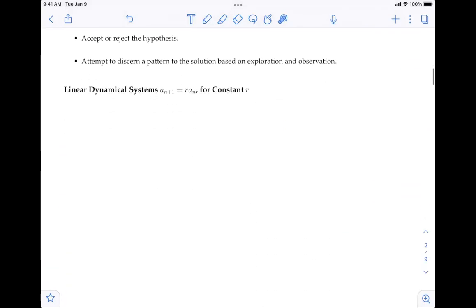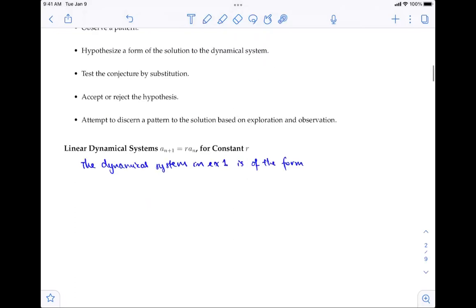All right, so we say that the dynamical system in example 1 is of the form. So again, we look for a pattern. We just try to follow the procedure that we have up over here, right?